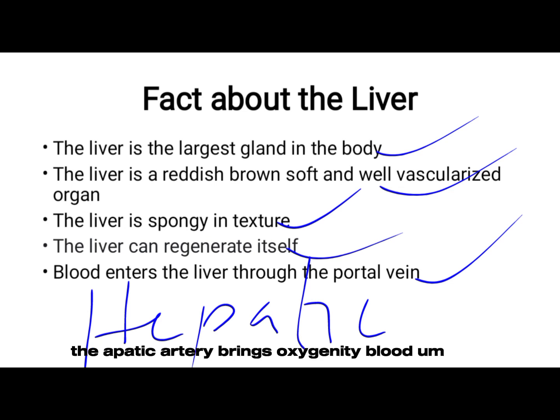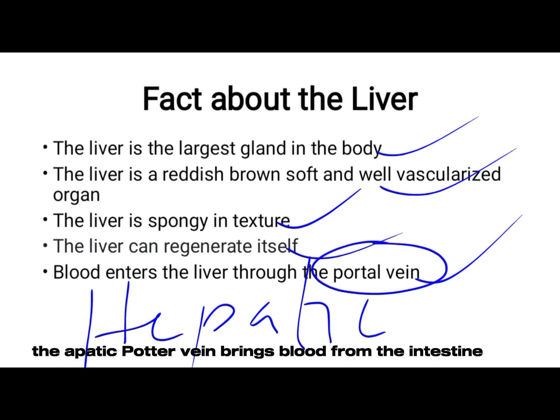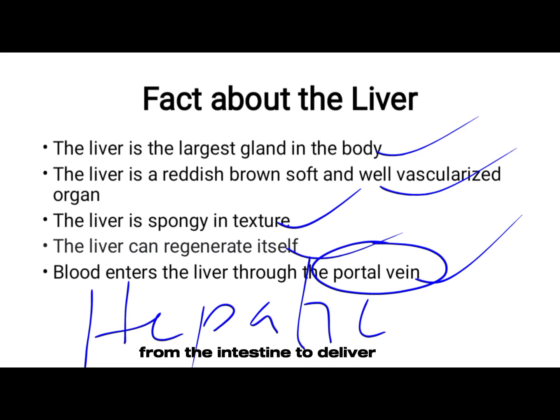The hepatic artery brings oxygenated blood from the circulatory system into the liver, while the hepatic portal vein brings blood that contains nutrients from the intestine to the liver. Important facts about the liver you need to be familiar with.